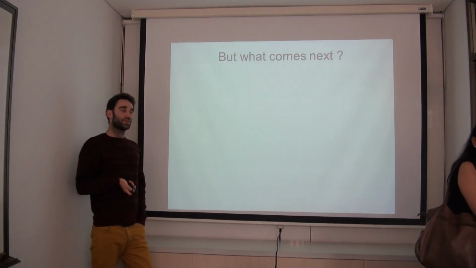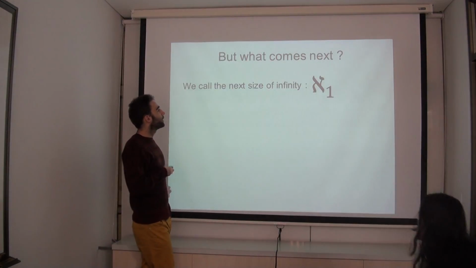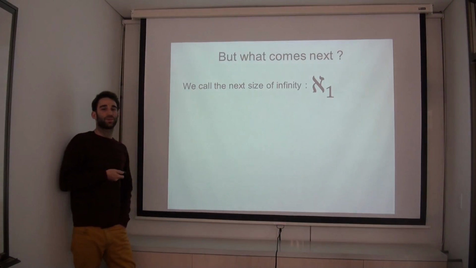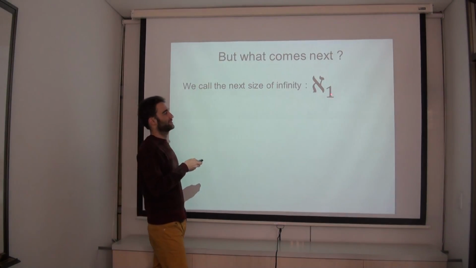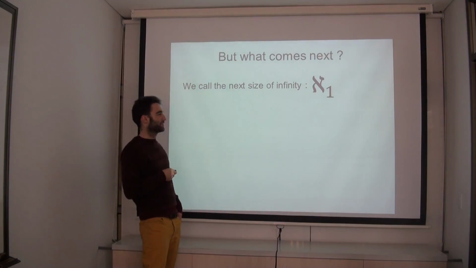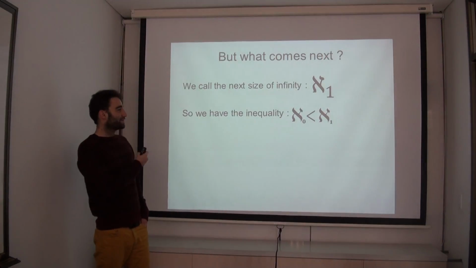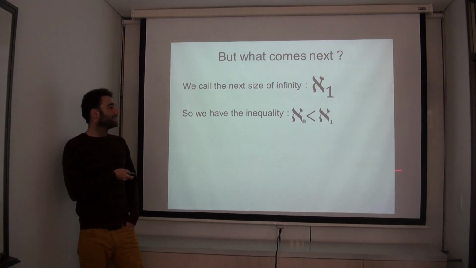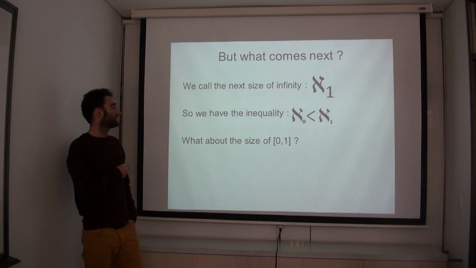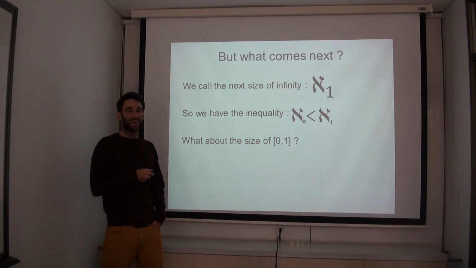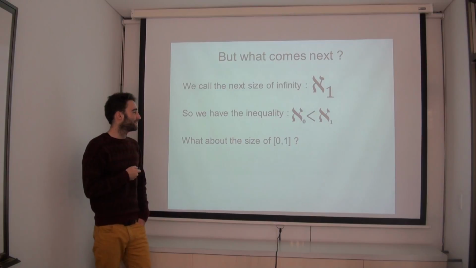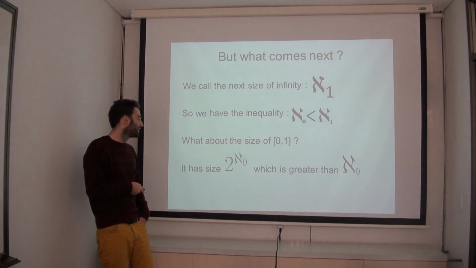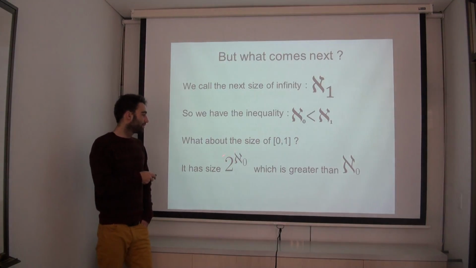Okay, but now what comes next? We call the next size of infinity Aleph sub 1. Okay, it makes sense. The first one was Aleph sub 0, so the next one is Aleph sub 1. So we have this inequality: this infinity is smaller than this infinity. But what about the size of the interval 0, 1? Is it bigger? Okay, it has size 2 to the Aleph 0, which was the number that was written in the formula in the first slide.